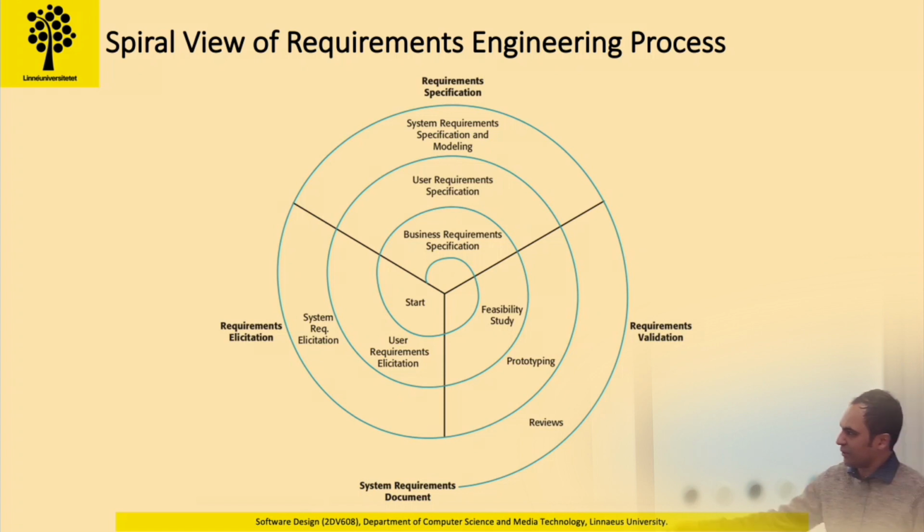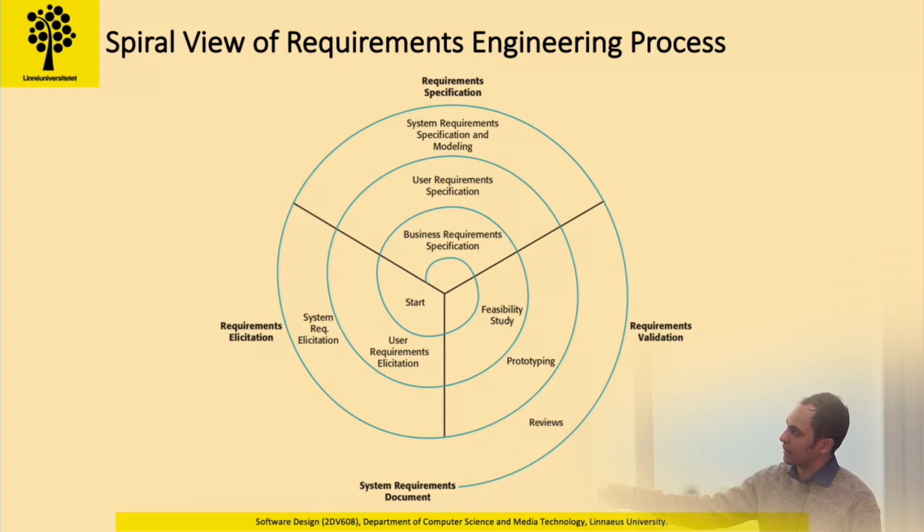For example, after the business requirements specification, you are checking the feasibility of your requirements. That means you are trying to validate your business requirements. Then once you have done some initial user requirements specification, you do some prototyping, that means you implement some requirements in a mock or draft manner.